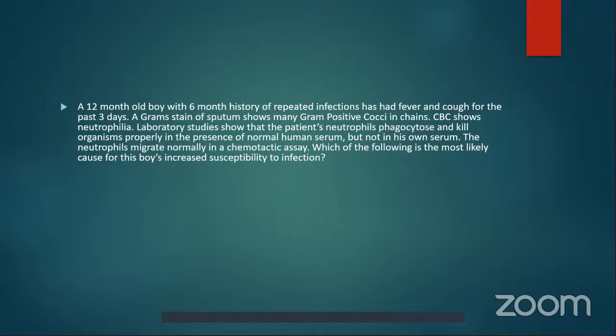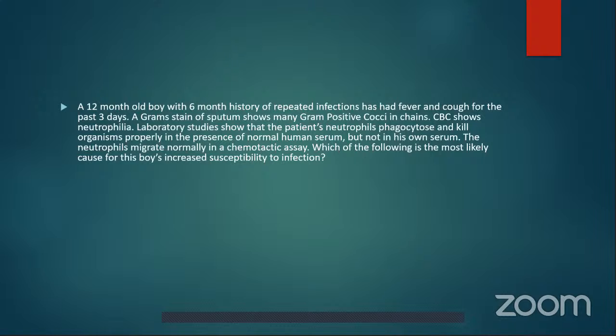Laboratory studies show that the patient's neutrophils phagocytose and kill organisms properly in the presence of normal human sera, but not in his own serum. So what does this particular line tell you? Neutrophil number is fine. There is neutrophilia in response to bacterial infection. But when you put the patient's neutrophils in normal human serum, the bacteria are getting killed.